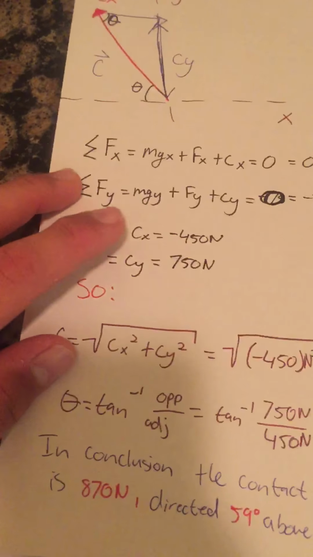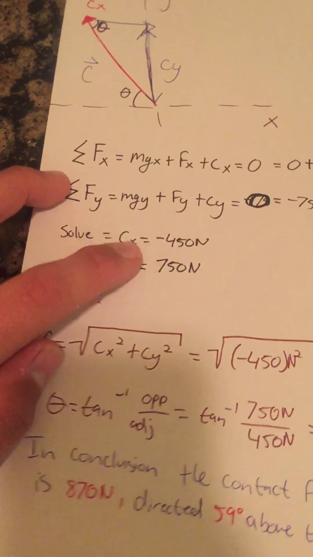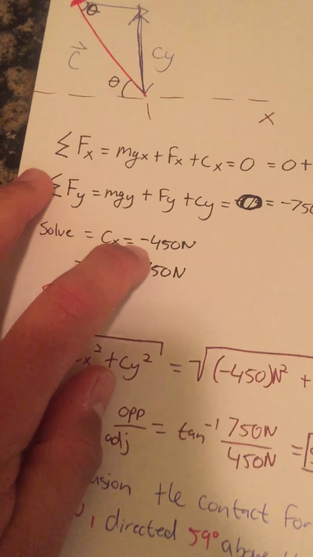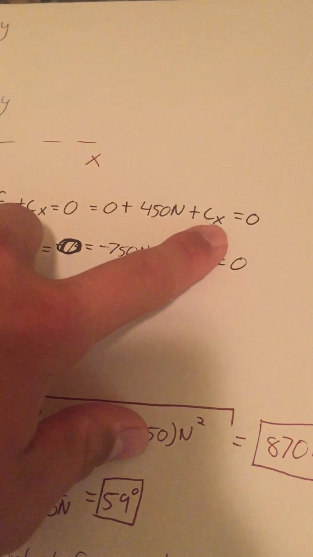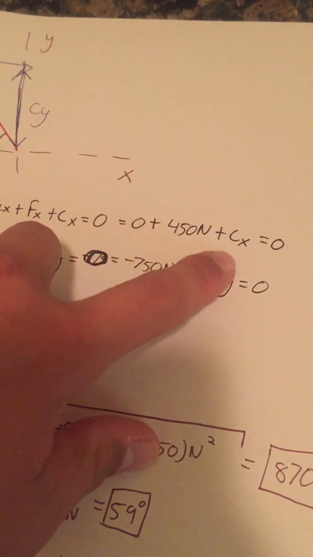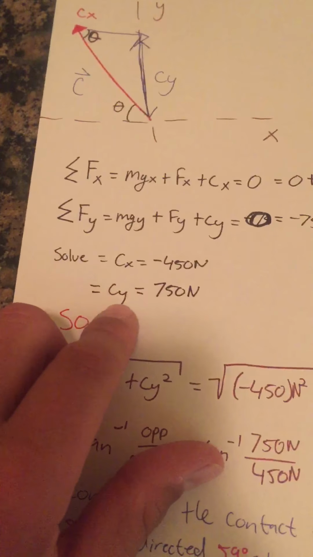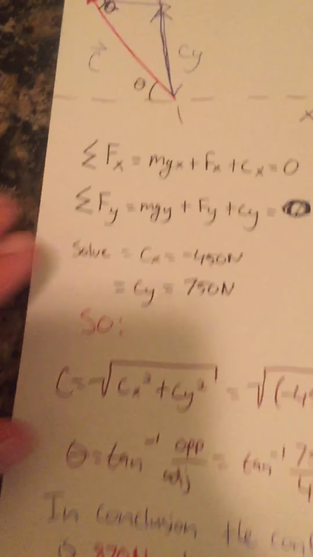Then you must solve for the contact force x and the contact force y. So contact force x equals negative 450 newtons, because you set it to 0 and get C by itself. Same thing for the contact force in the y direction. It gives you 750 newtons.